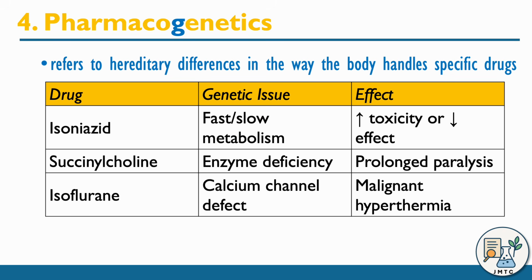Now we go to the very last part of this module, which is on pharmacogenetics. So G ang naka-highlight dyan because we are talking about genes. It refers to the hereditary differences in the way the body handles specific drugs because people respond differently to drugs because of their genes.